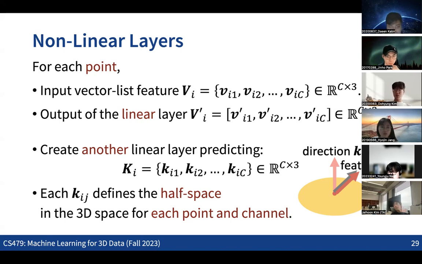So in the three-dimensional space, any vector will define a plane and also the half space in the three-dimensional space, right? So now we are treating the output of the linear layer as the normal vectors for the half space. So in this way, we are also learning the half space for each of the points and channels, also in a rotation equivariant way. So that's the key idea, right? Does it make sense?